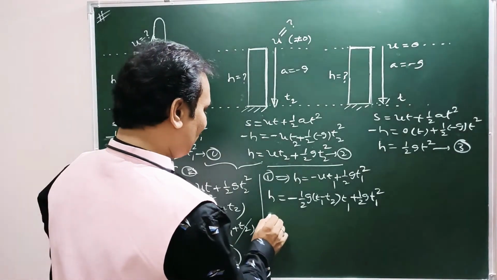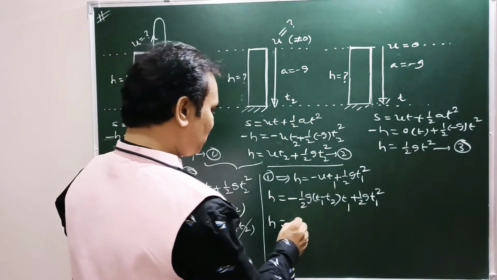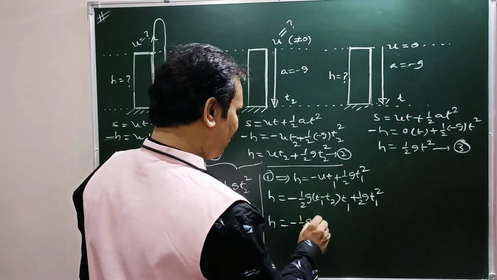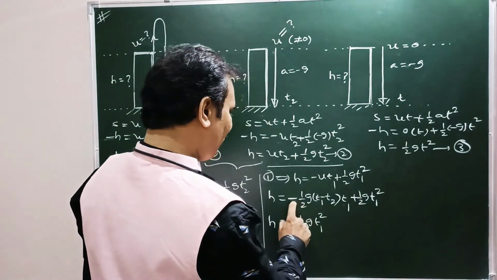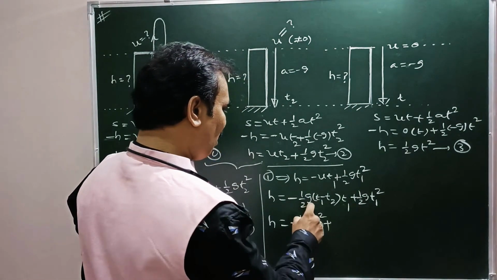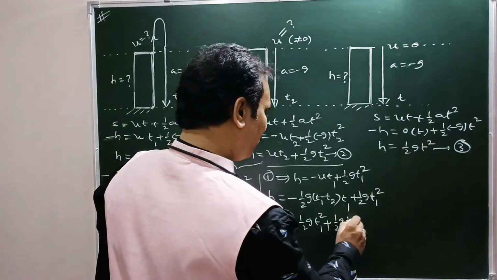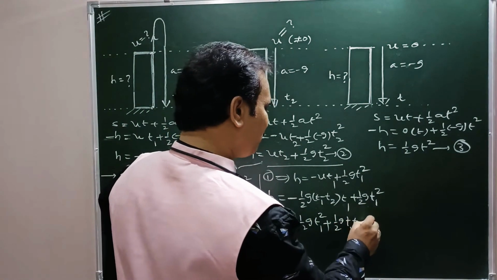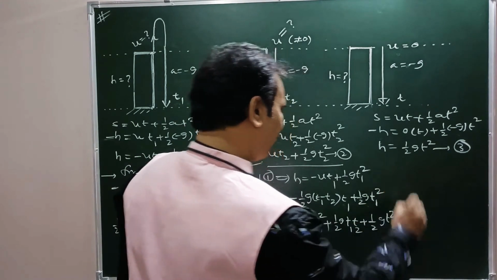Okay, now height of the tower h equal to minus half g t1 square plus half g t1 t2 plus half g t1 square, right?